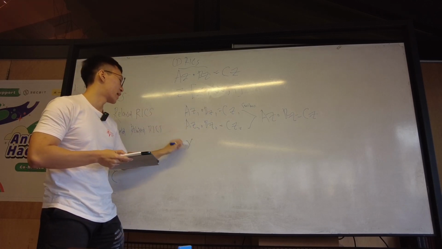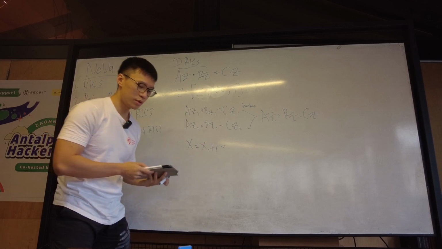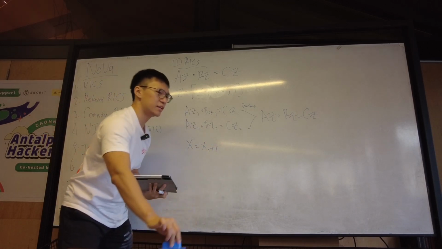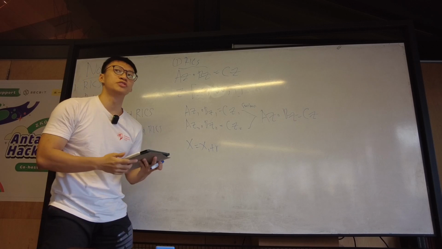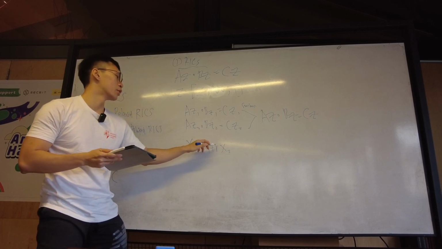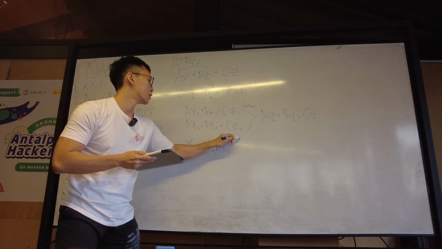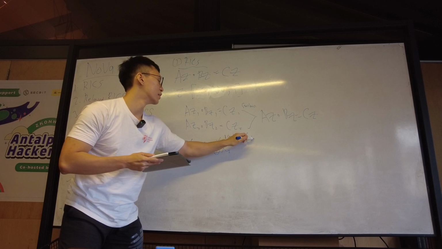So you can think of X as a linear combination of R and X1, and this is a very common technique to combine multiple equations into one equation. And this R, it's what we call randomness. It comes from the verifier.